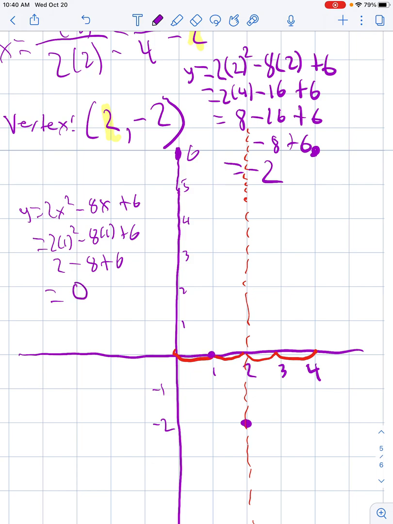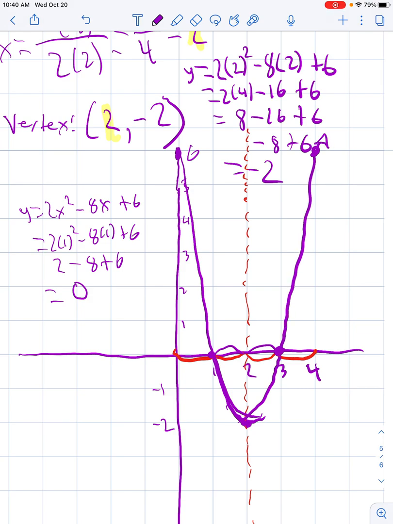So when x is 1, y is 0. I can now connect my points, create my parabola, and then again I reflect it. That's a distance of 1, so this one has to be right here as well. And that's what my graphed parabola is going to look like.